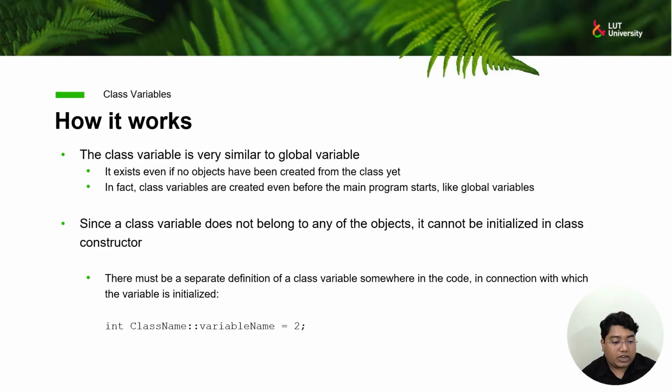That line actually creates the storage for the variable and gives it an initial value. If you forget this definition, your program will usually compile, but the linker will complain that the static member was declared but never defined.